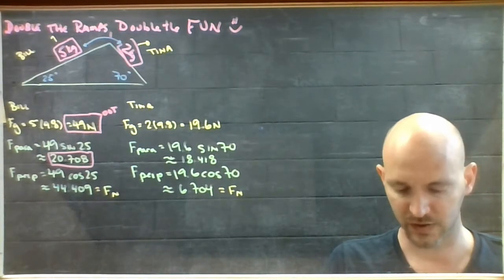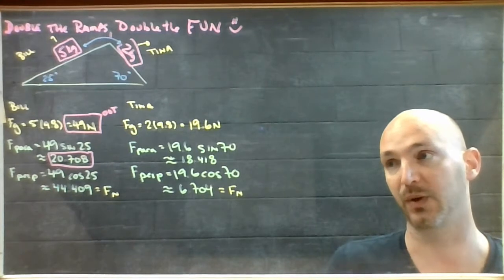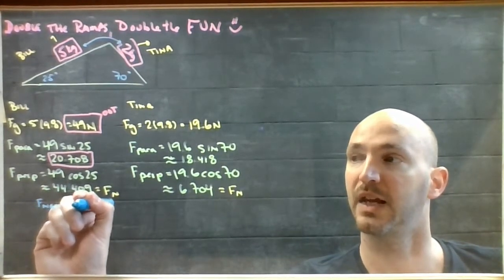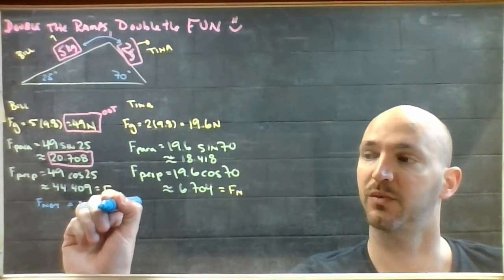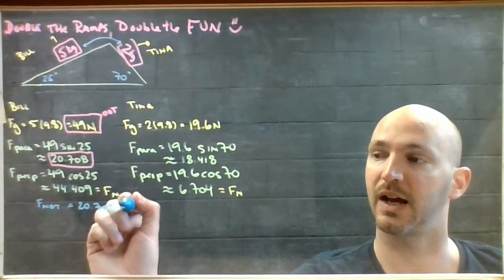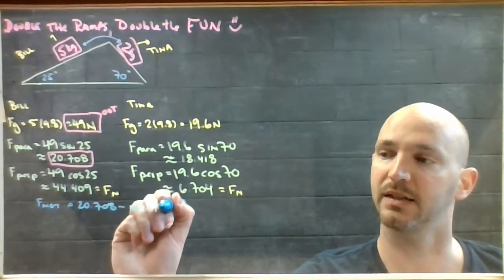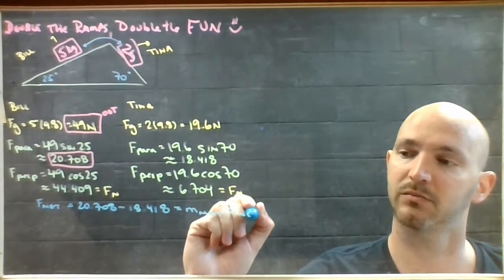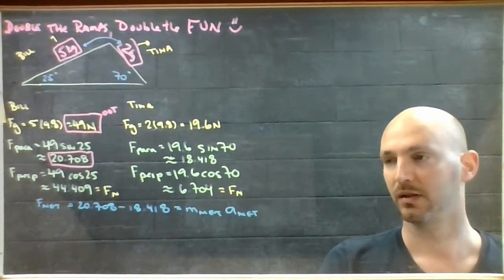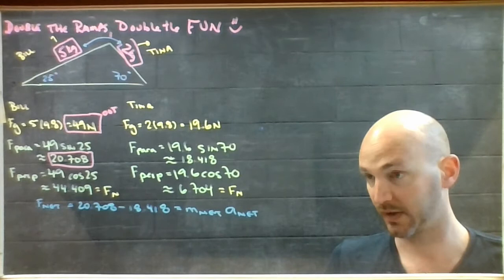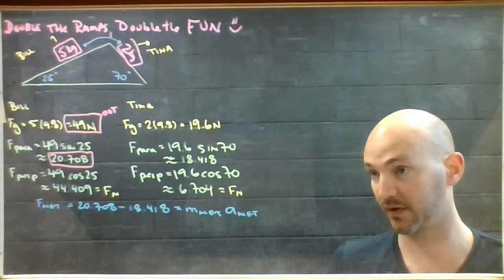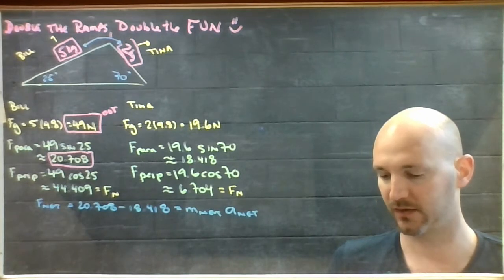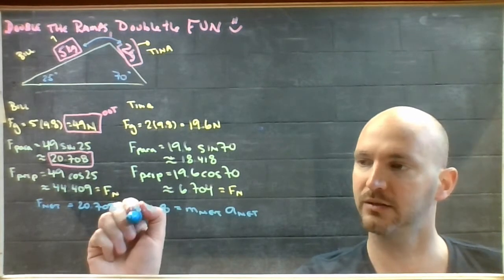So using that information, we could do a net force and we could get the net acceleration. F net would be 20.708 subtract 18.418, and that should give us our net acceleration. 20.708 subtract 18.418 gives me 2.29.